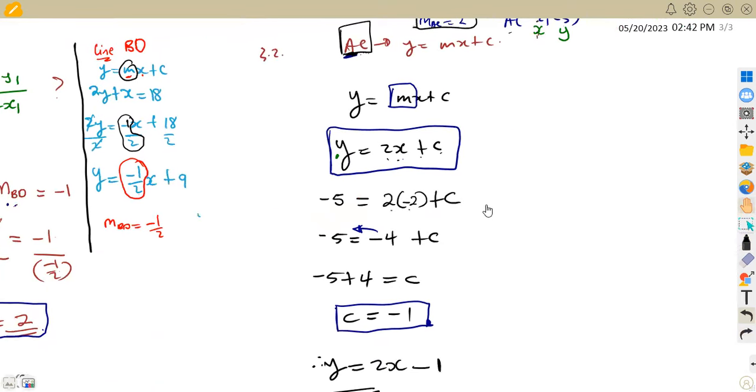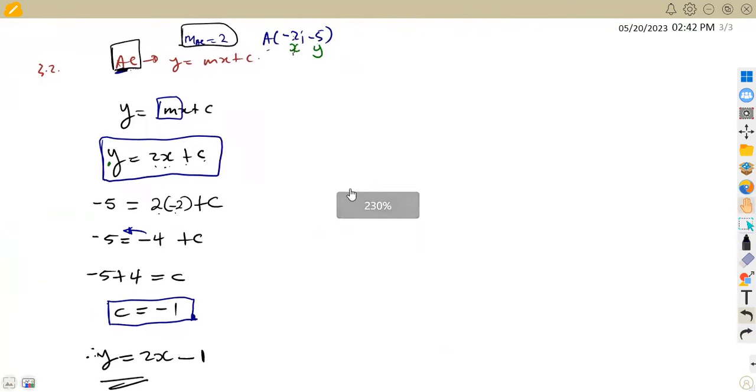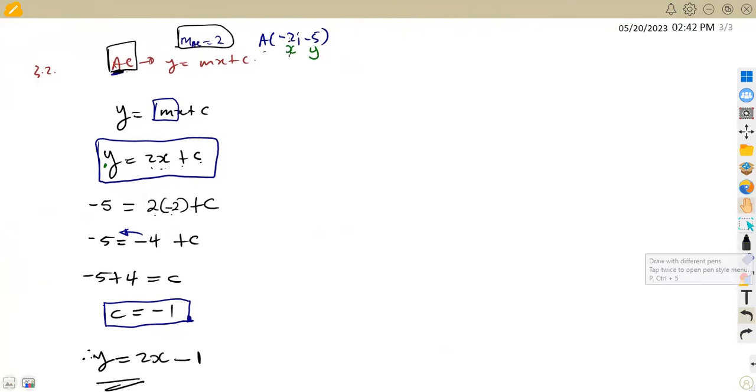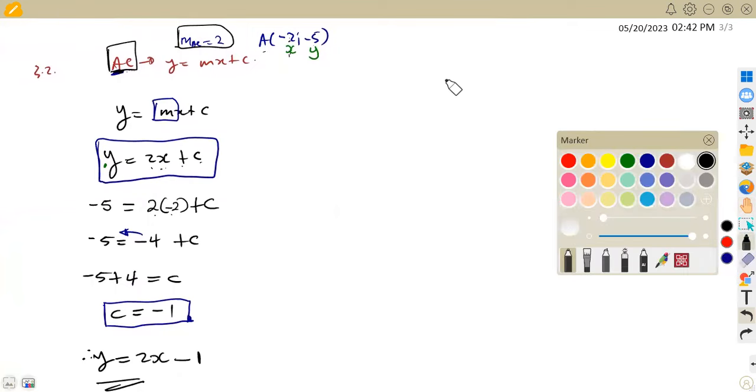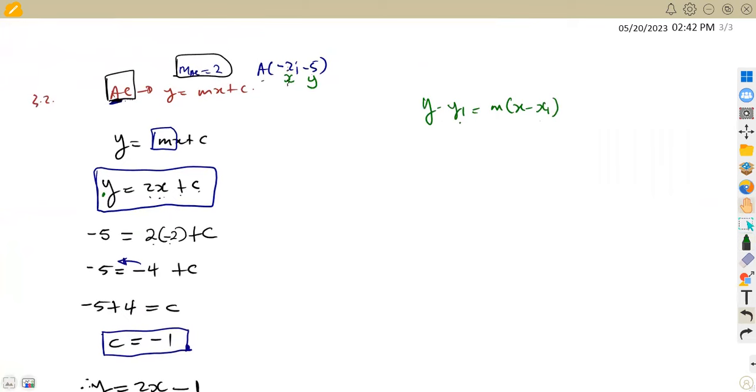But remember that this is not the only option for us to have the equation of a straight line. The equation of a straight line is also taken from the format y minus y1 is equal to m into x minus x1, where y1 and x1 are taken from the point that we were using as x and y before.